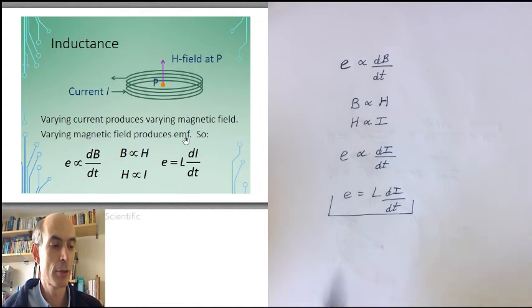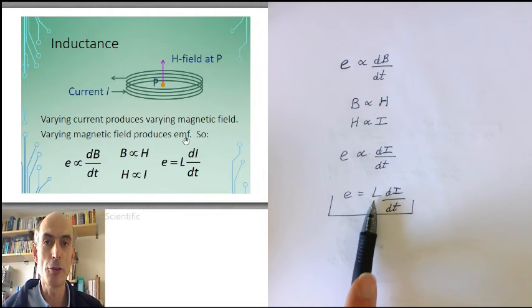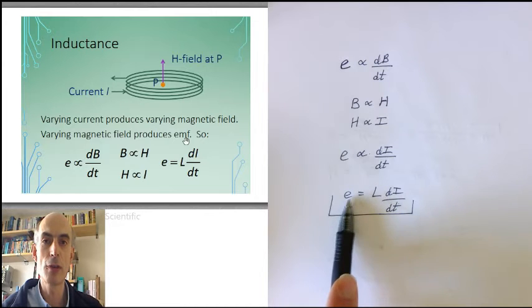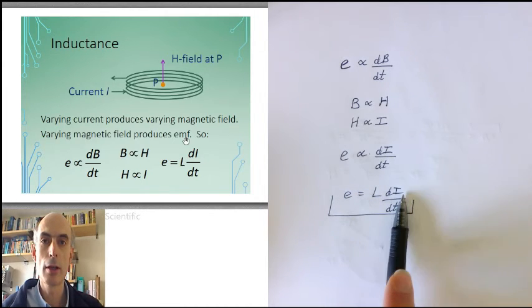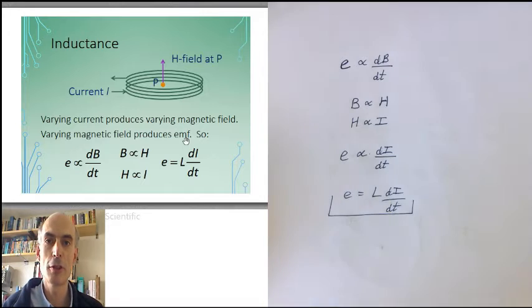In order to develop a component with a large inductance, therefore, what we need is something which generates a large EMF for a small rate of change of current. One of the ways that we can do that is to have an awful lot of coils.